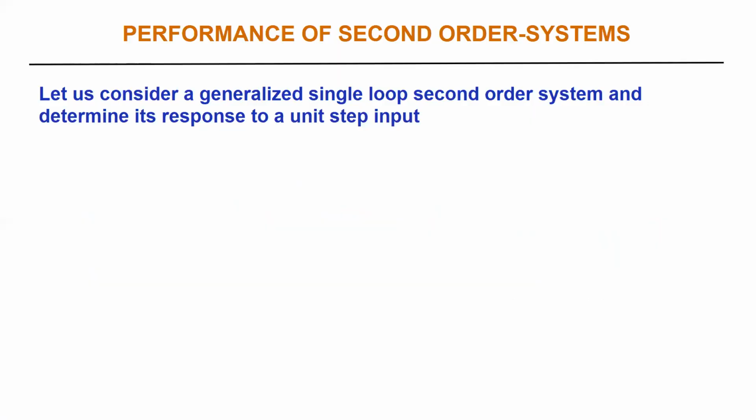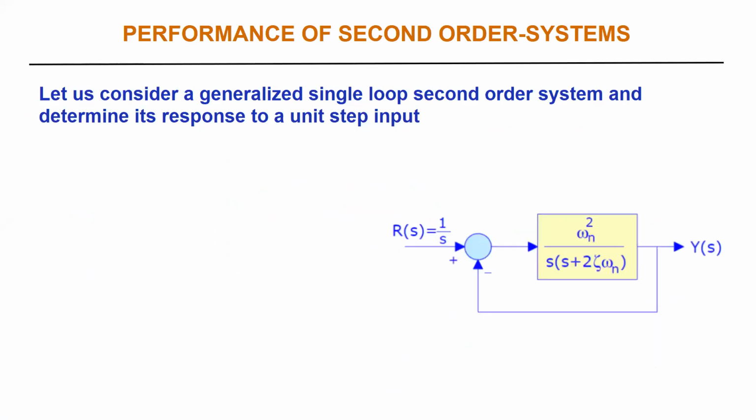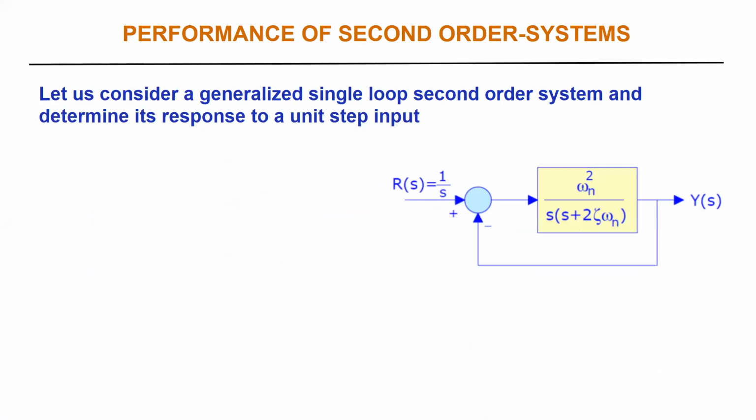We will do the design for the second order system, because this is the typical second order system. It's characterized by two parameters, zeta and omega n.